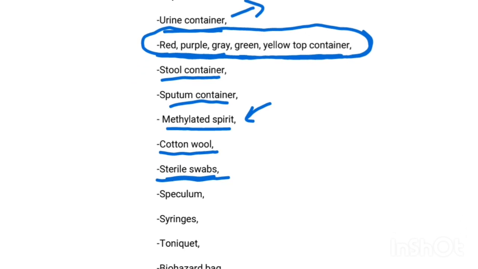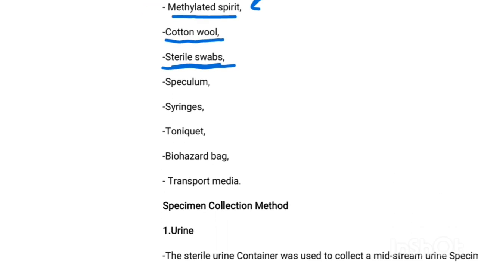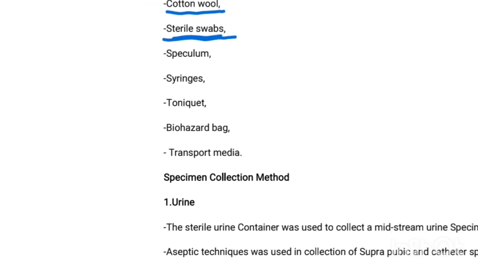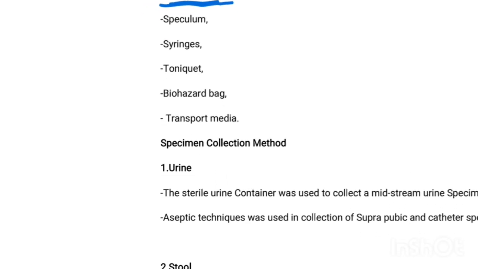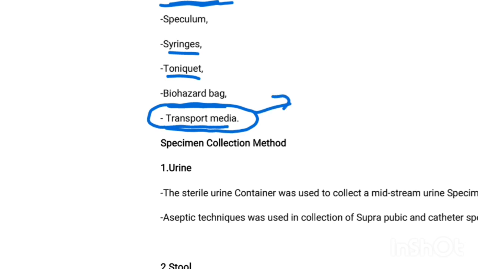We need to have syringes, tourniquets, a biohazard bag, and also a transporting media. This is where we transport the specimen. When we collect, we put it in a transporting media to preserve the organism's life so that it can be identified.